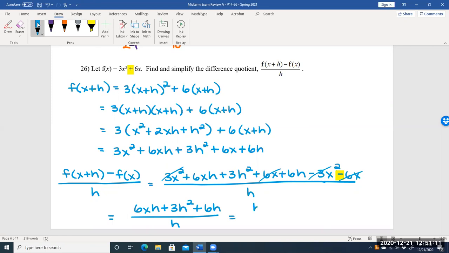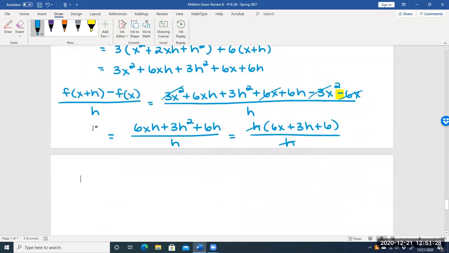I can factor an h out of the numerator. All terms of the numerator contain an h. So I can take out an h, and then I can cancel that h with the h in the denominator. So final answer for this one, 6x plus 3h plus 6.